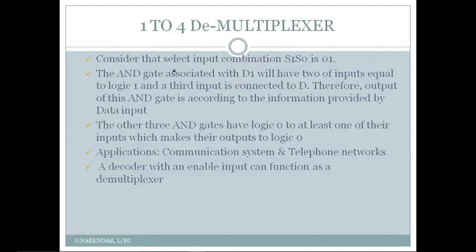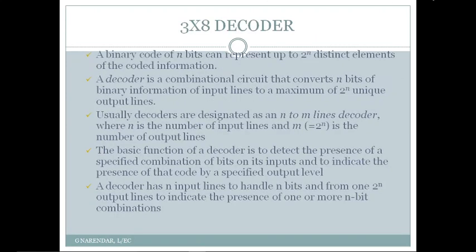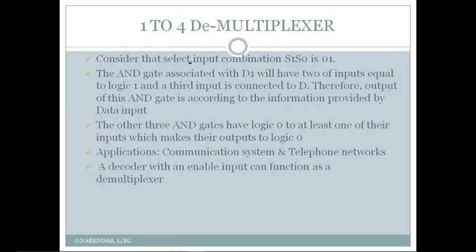So here you can see that considering the selection input combination S1 S0 equal to 0 1, the AND gate associated with D1 will have two of its inputs equal to logic 1, and a third input connected to D. Therefore the output of this AND gate follows the information provided by the data input.